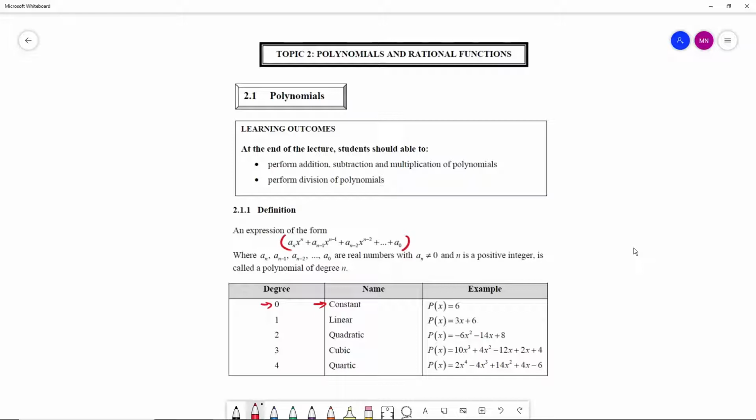When the degree is 1, x to the power of 1, the polynomial is called linear. Then we have the second degree called quadratic, third degree cubic, and fourth degree quartic. These are the examples for different degrees in polynomials.